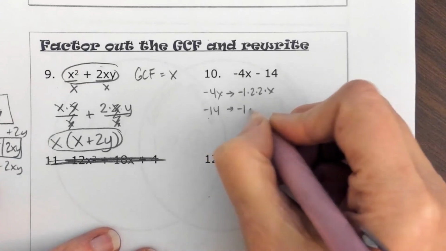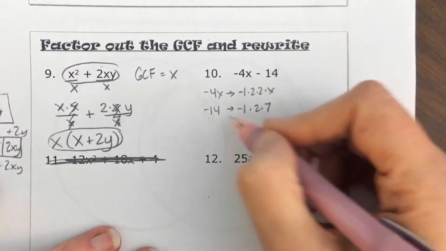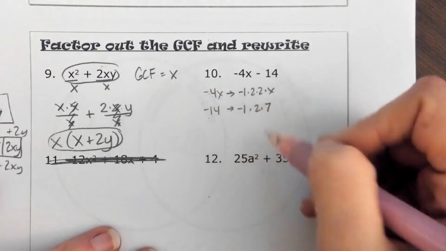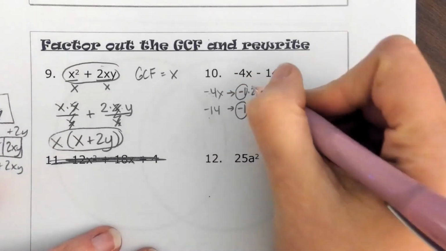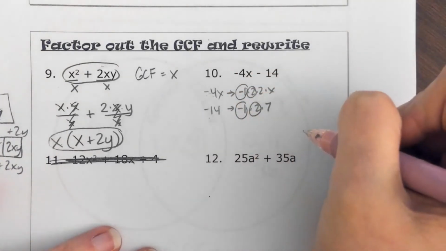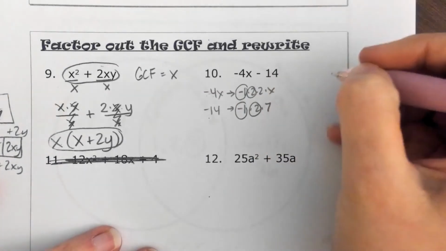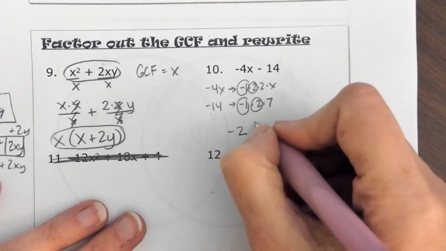Negative 14 is negative 1 times 2 times 7. Okay, all I'm doing is factoring it. I know that 4 is 2 times 2, but since it's negative, negative 1 is also a factor. So they both have a negative 1 in common. They both have a 2 in common, but nothing else. Okay, so my GCF is negative 2.